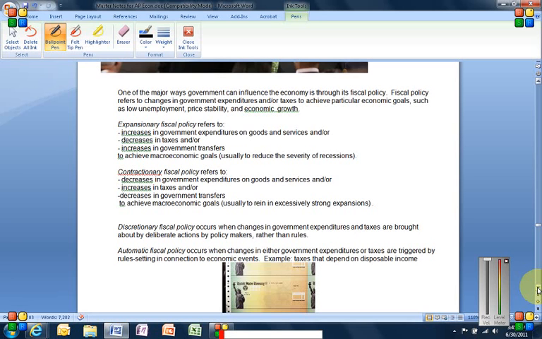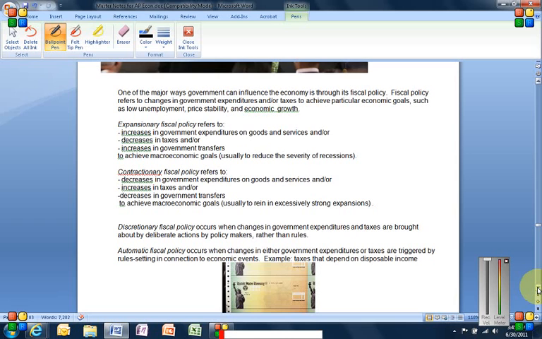A couple of key terms here. One is expansionary fiscal policy. So that refers to the government increasing their expenditures on goods and services, and or decreasing its tax level on people in the country, as well as increases in government transfers. These are all what I'll refer to as the tools of fiscal policy.